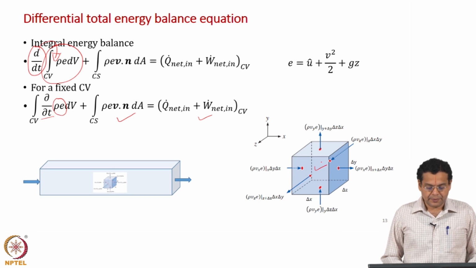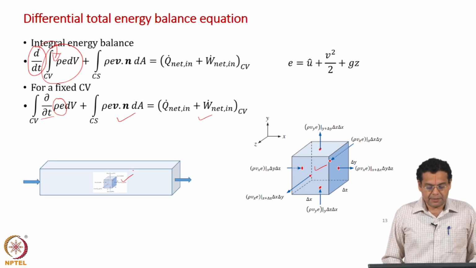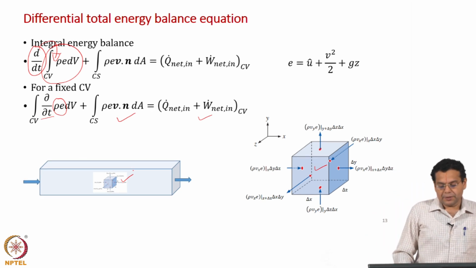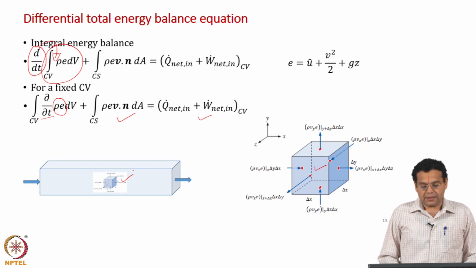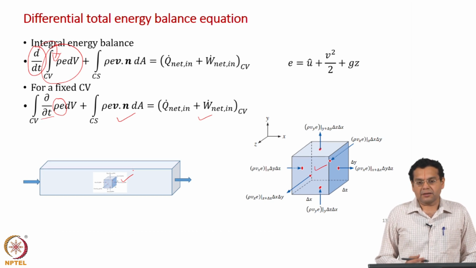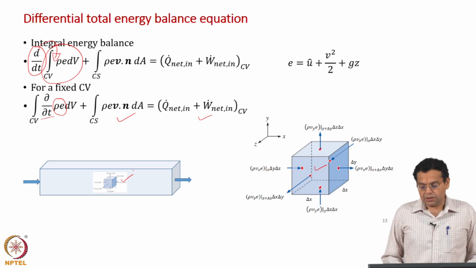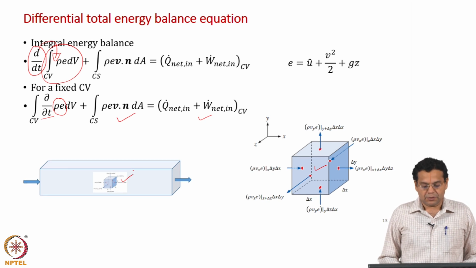Now, we are going to apply this integral energy balance equation for this control volume, and how should we imagine? As we have done earlier and as seen in the experimental setups, we should imagine this control volume inside a pipe and inside a domain, and because of our restriction to Cartesian coordinates, we should imagine a pipe of rectangular cross section. Also like to mention that this small control volume could be in a solid as well. We are talking about energy balance, so it could be, let us say, conduction in a solid.